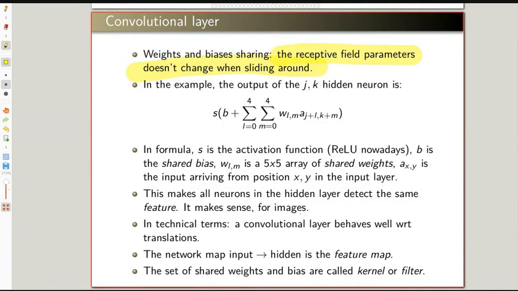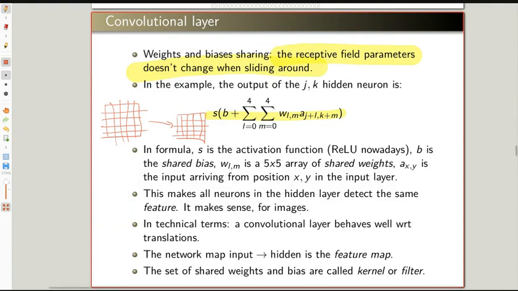Okay, if one wants to write the formula, the output of the neuron is this way. What do I mean? The formula of the output of the neuron. Let's say here I have this image, and here I have another layer, which will be another rectangle or square.